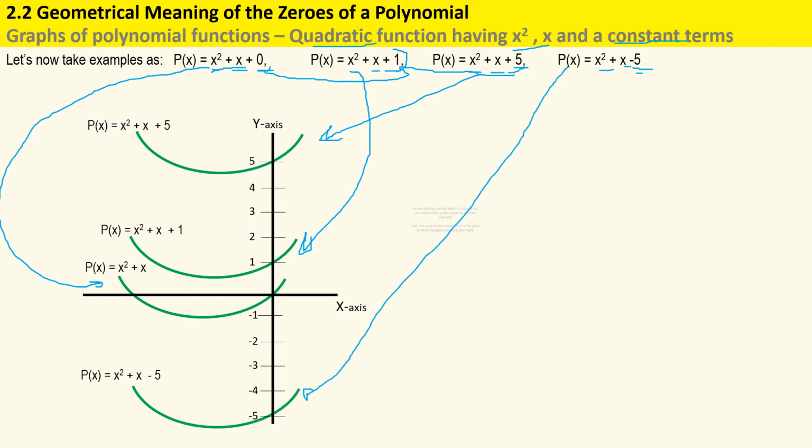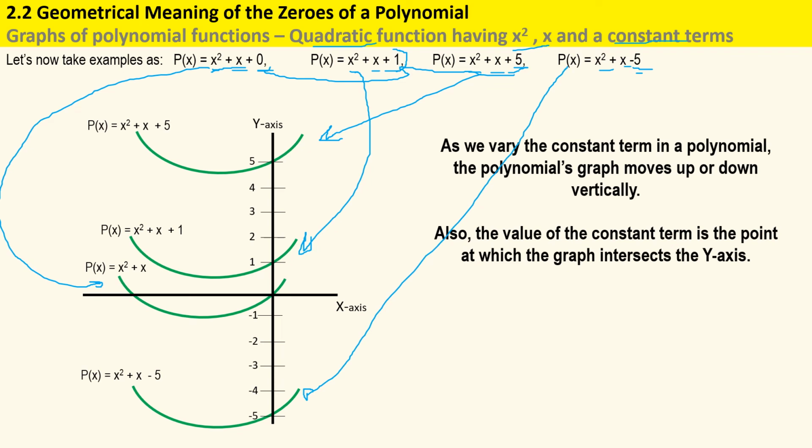And you will notice that as we vary the constant term in the polynomial, the graph moves upward or downwards. So let's say we had 0 and then we had 1. From 0 to 1, the graph has actually moved upwards. So like this.